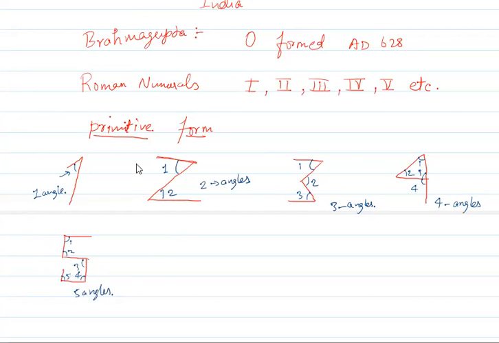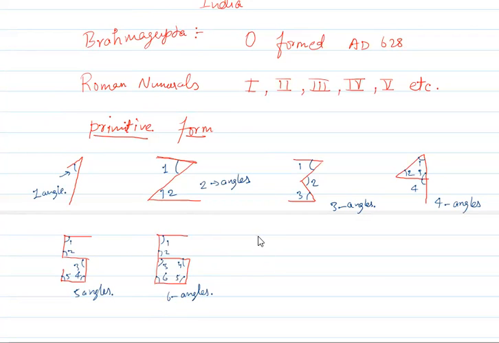Similarly, 6 was represented like this. Now count the number of angles. This is 1, 2, 3, 4, 5, and then this is 6. So there were 6 angles in this, and hence it is used to represent 6.